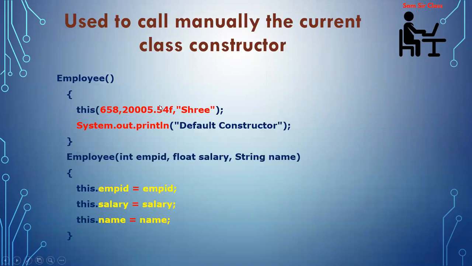Lastly, you can see that if I want, I can call the constructor manually, whether it's a parameterized constructor or the default constructor, inside another constructor or even inside another method, not a problem. So variables are initialized and the constructor is being called.